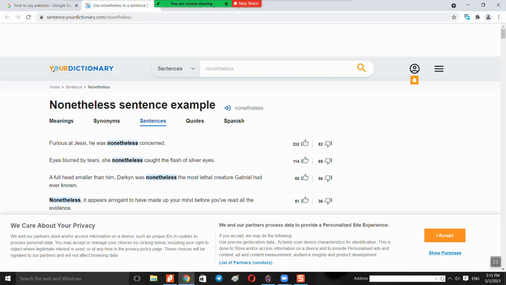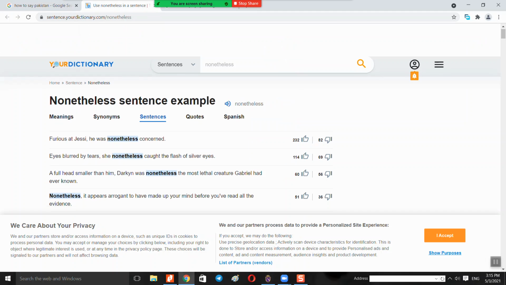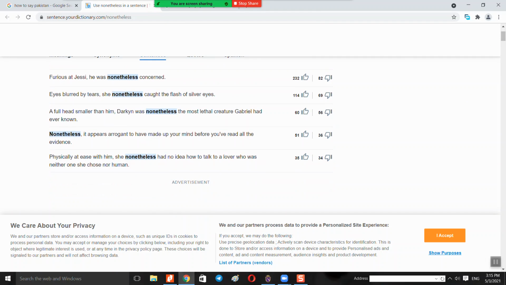I searched about this, and they said that when nonetheless is an adverb, you can start the sentence with it. You don't have to always have it in the middle. I went through some examples in which nonetheless started the sentence, like the fourth one: Nonetheless, it appears arrogant to have made up your mind before you've read all the evidence.